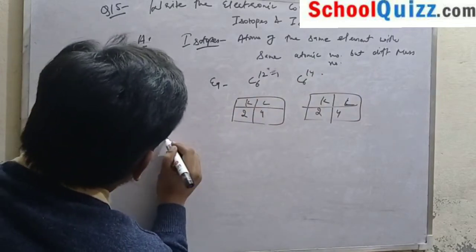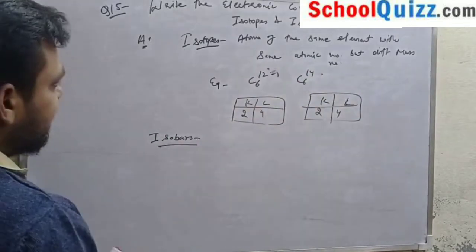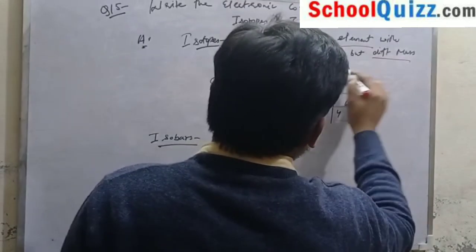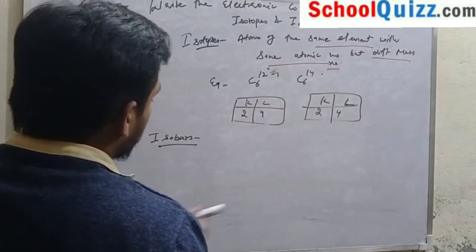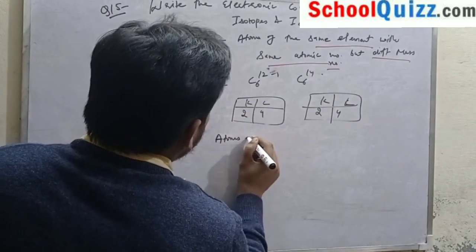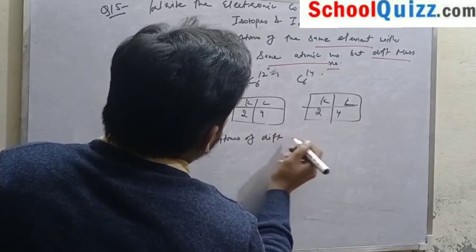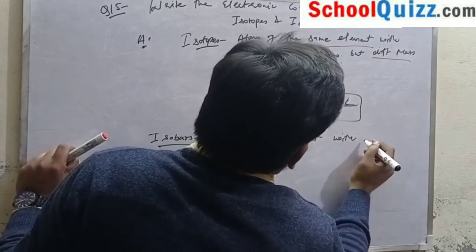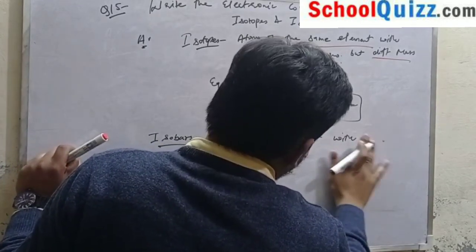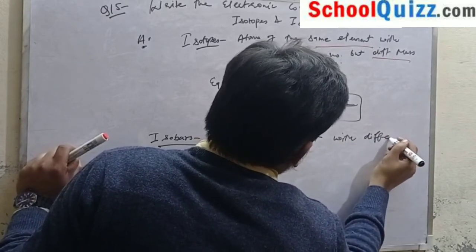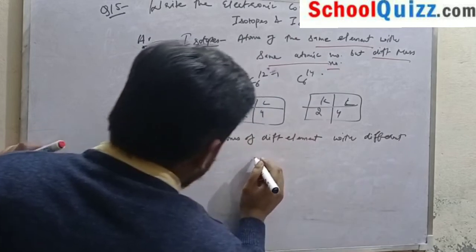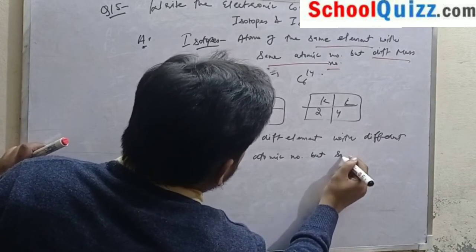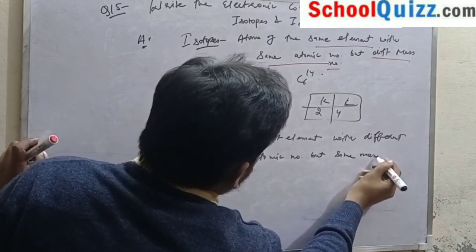Now, what are isobars? Atoms of different elements with different atomic number but same mass number.